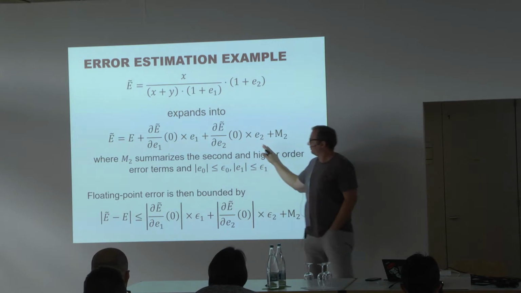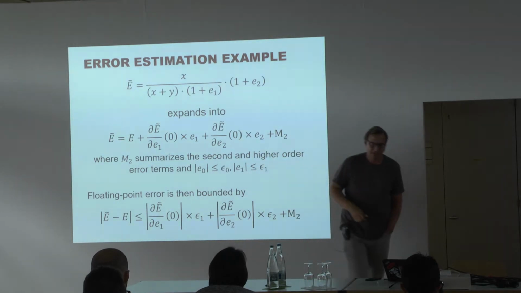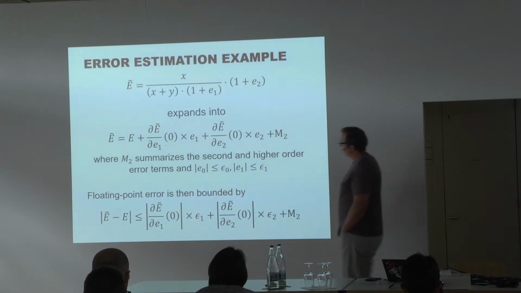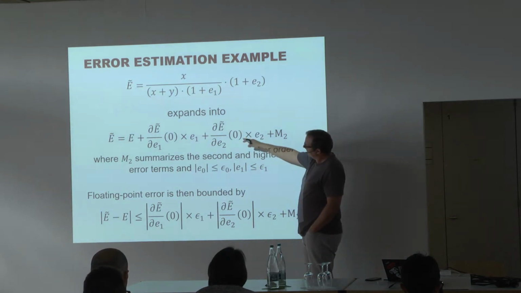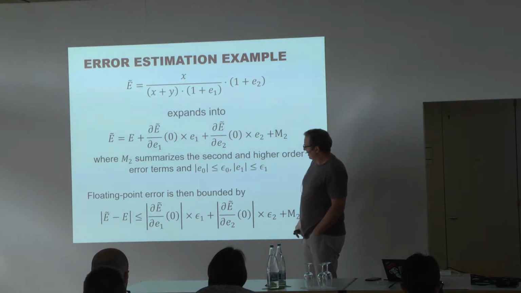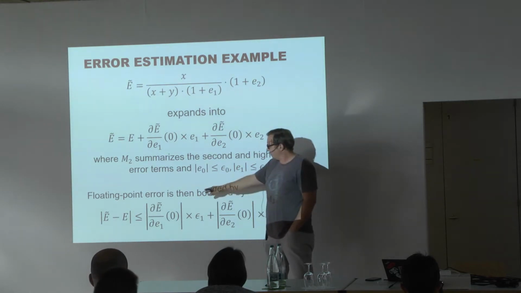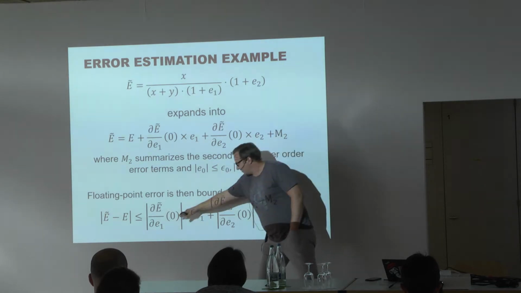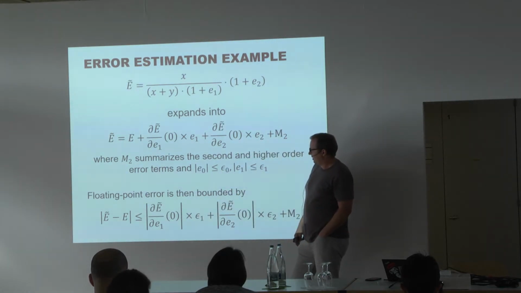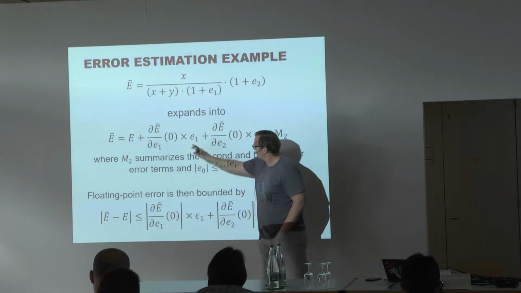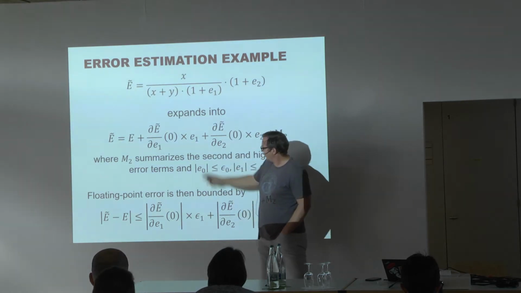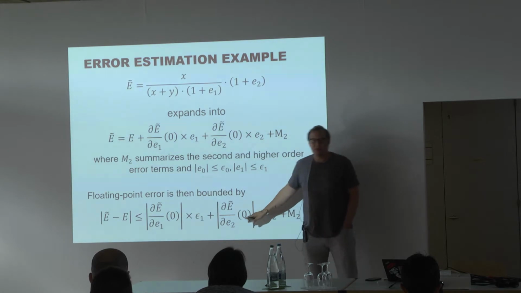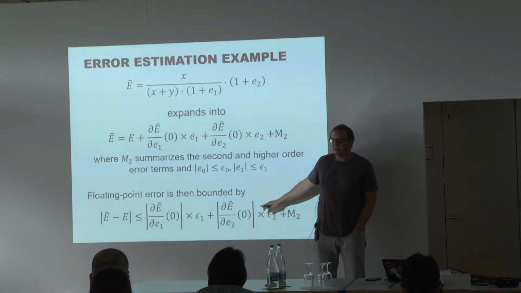It's not going to influence the overall result a lot, so we don't have to worry about it too much. Then if we play with this expression a little bit more, we can derive that the floating point error is bounded by this expression. We put absolute values around these terms, and then we plug in these constants around E. So this over-approximates the absolute error.